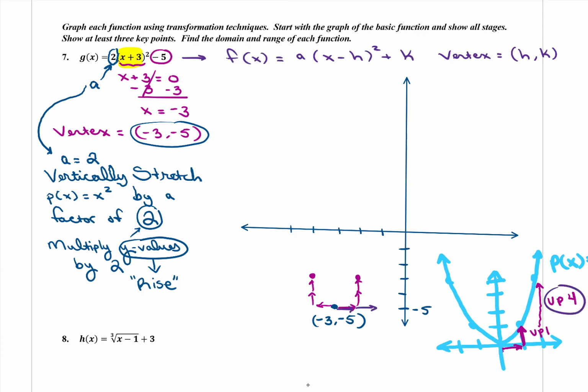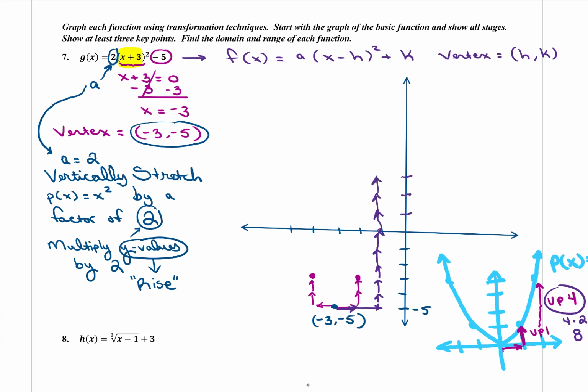Now, instead of going over 1, up 1, I'm going to be going over 1, up 2, because I need to multiply the y values by 2. And when I go over 2, I'm going to want to go up, not 4, but what's 4 times 2? 4 times 2 is 8. So I'm going to go over 2, up 8.